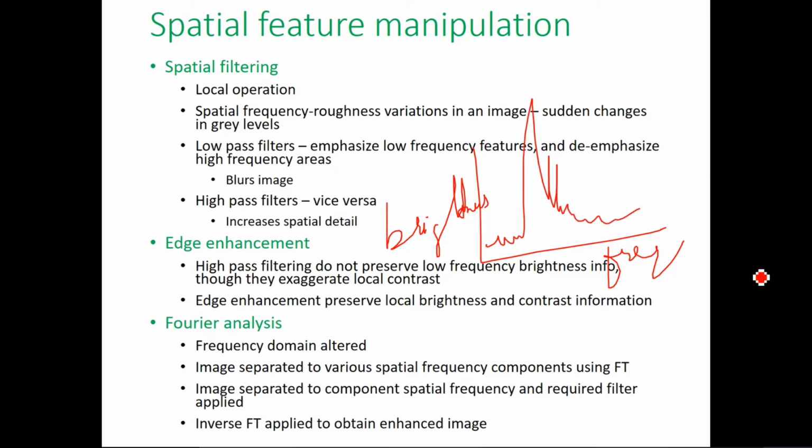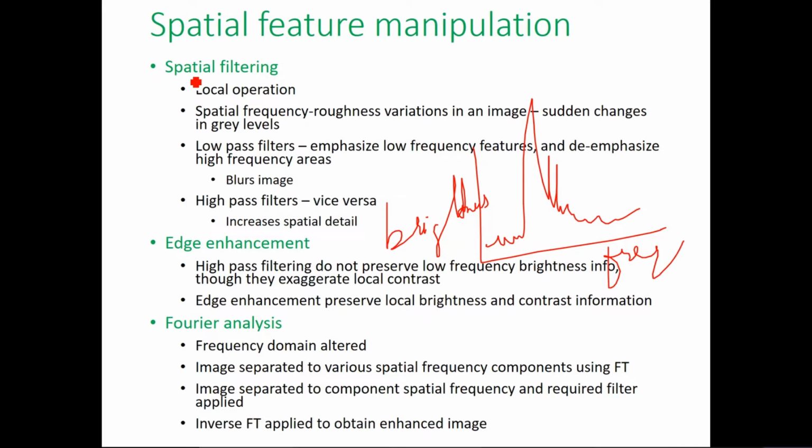You are changing the frequency domain of the input image, and using this Fourier transform you can separate it into its various spatial frequency components, maybe brightness versus frequency, brightness versus time, or brightness versus DN. Once you do this, then you can apply your required filter.